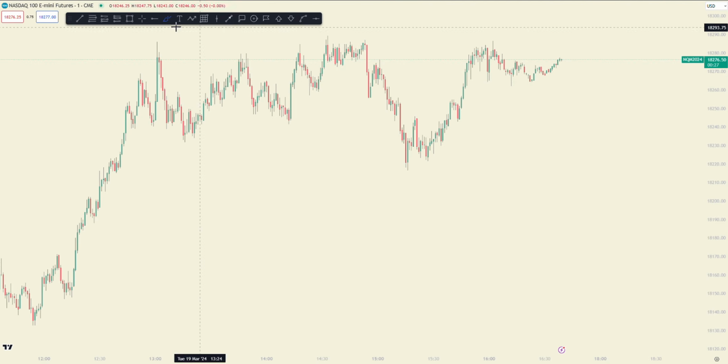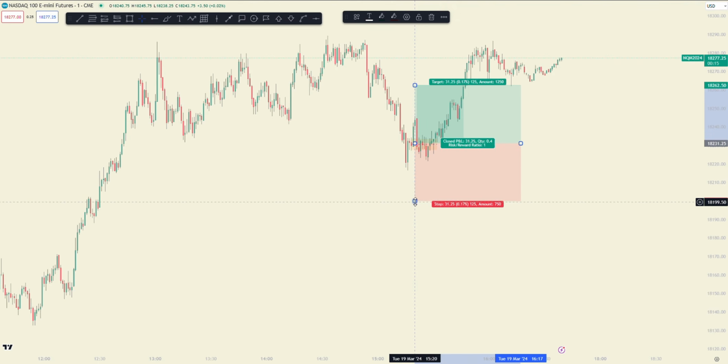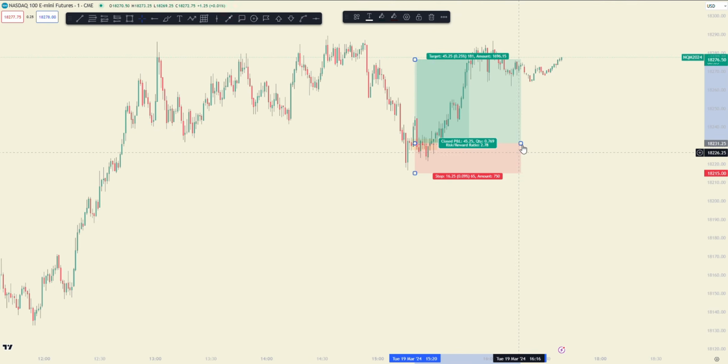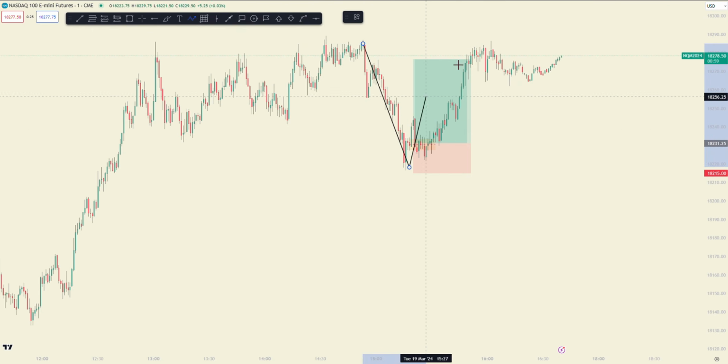Once I get my entry model, which in this scenario on this time frame would be somewhere in this area, let's say I was going long from here and covering my shorts. Very simply, I'm not expecting price to just go take the high automatically. I'm just taking something that I know for a fact is going to get taken first, before the price expectation plays out.